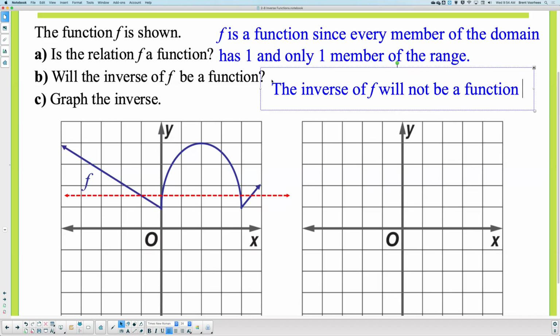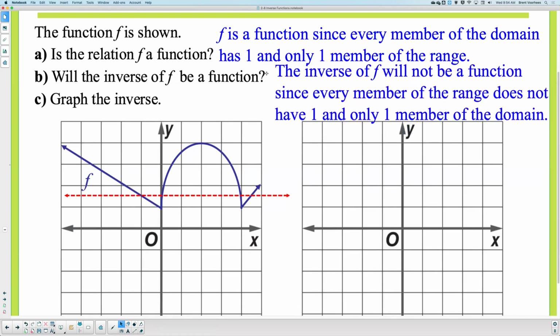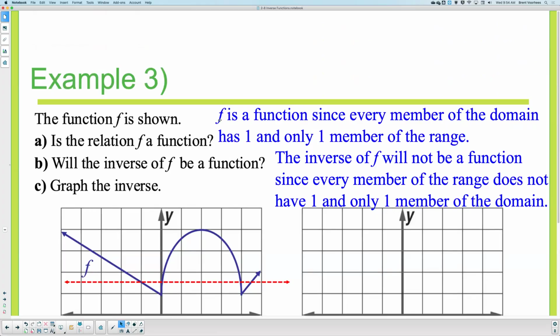What you need to say to get credit is the inverse of f will not be a function since every member of the range does not have one and only one member of the domain. That's why the inverse does not exist. Okay, so there's my first answer here, second answer right there.